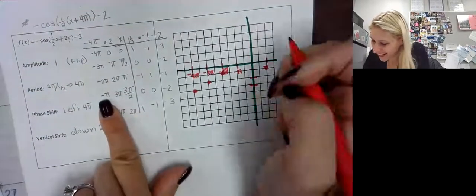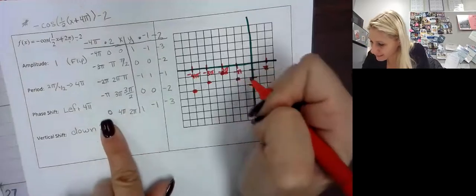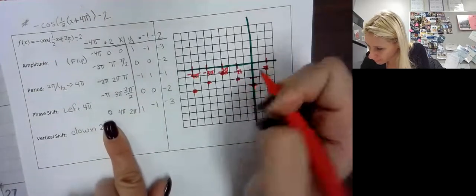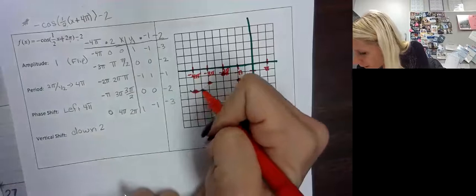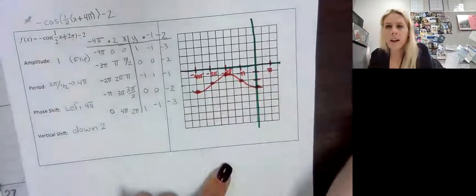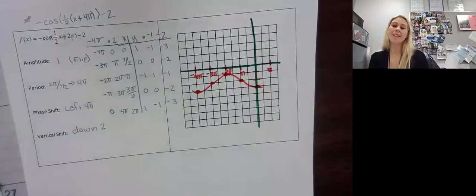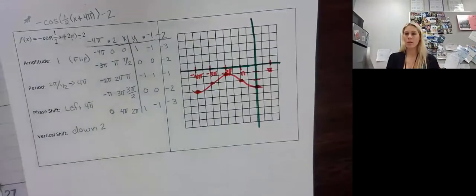At negative pi, I'm at negative 2. And at 0, I'm at negative 3. So let's look. We got our hill. And we're moved to the left side of the y-axis, and we moved down. Everything matches. All right, guys, check that out.